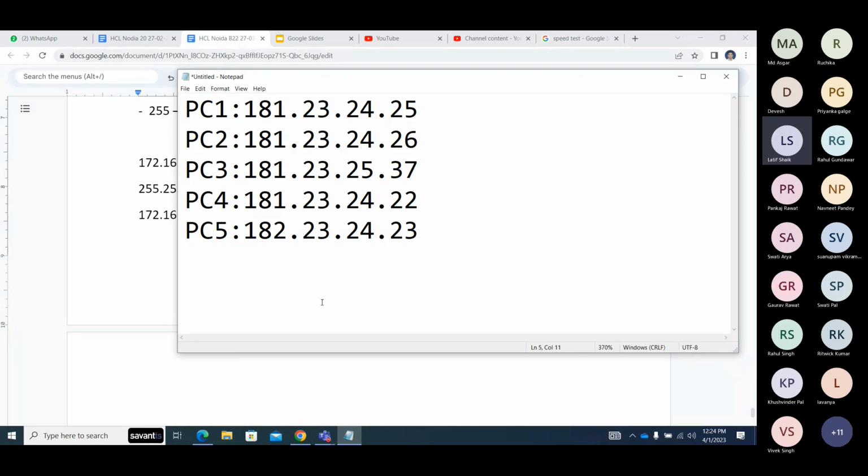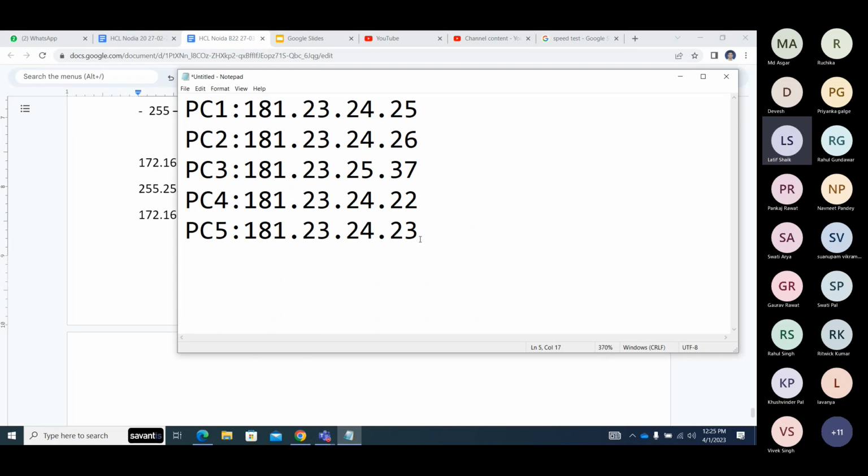Simply go to the devices, see what the mistake is and keep changing. And also check that host portions should not be the same. Check the host portions, they should not be the same. Okay, this is 24.23, no problem. 24.22, 24.26, 24.25, 25.34, no problem.